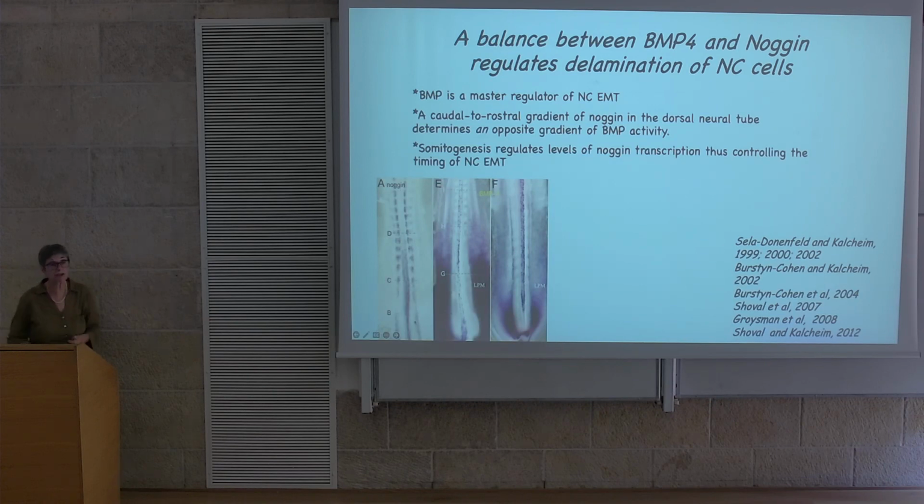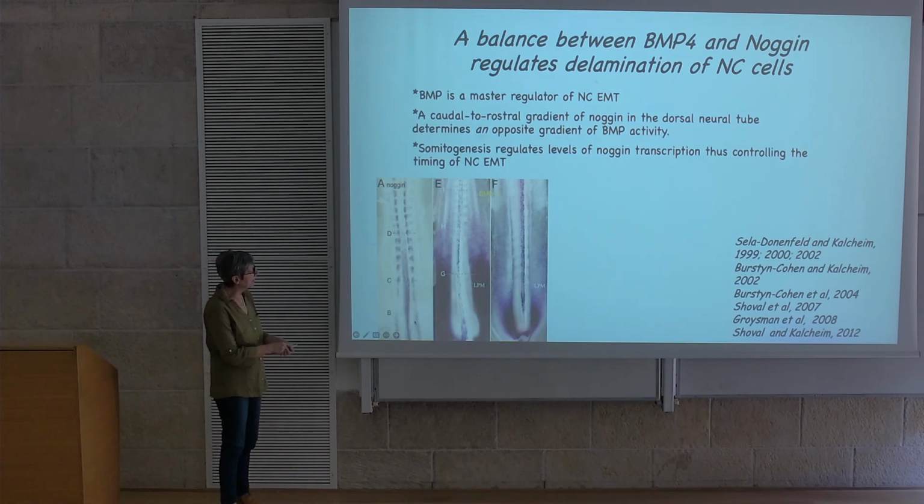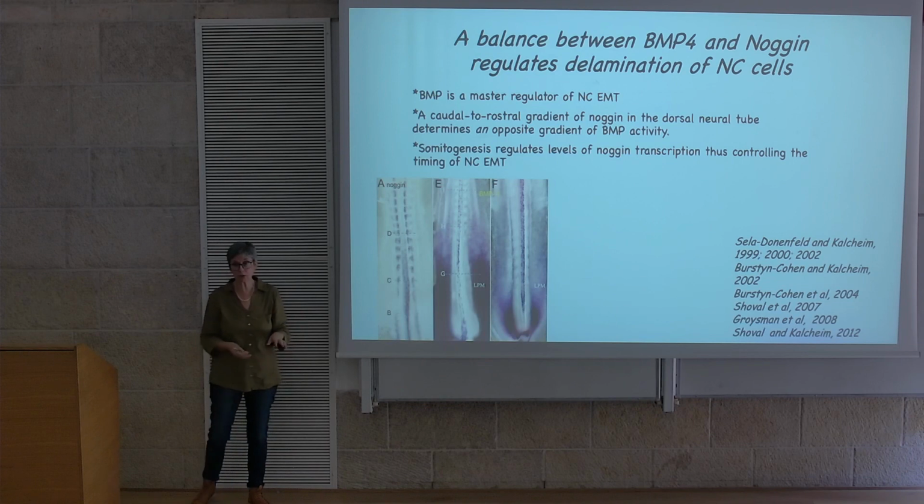And this creates a counter gradient of BMP activity, by which BMP activity is very low here, but begins to be very high in these areas. And this coincides with the onset of emigration of crest cells.